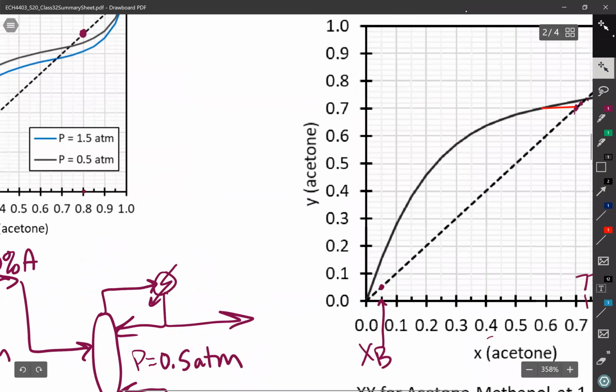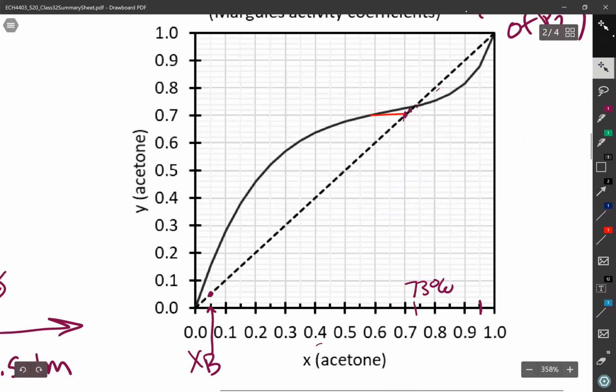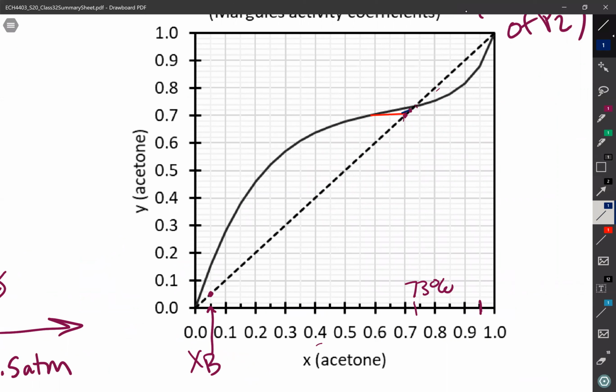All right, so let's see if I can get something accurate here. A reflux ratio of 3 is going to be a slope of 3/4. So we can work out what this is going to look like in a little bit more detail, but a slope of 3/4 is going to be a little bit less steep than a 1, so maybe something like that. Remember, you can figure out what the minimum reflux is that I'll need to send.